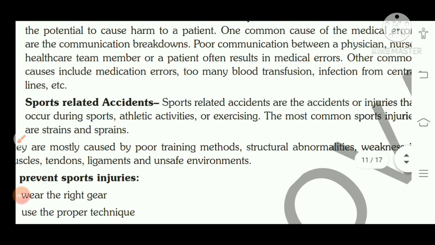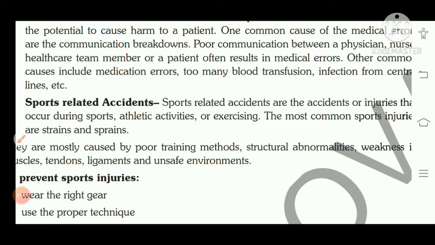And sports related accidents, children. You are all aware that if you are playing sports, certain injuries happen there, during athletic activity or certain exercise, so strain there, pain there.